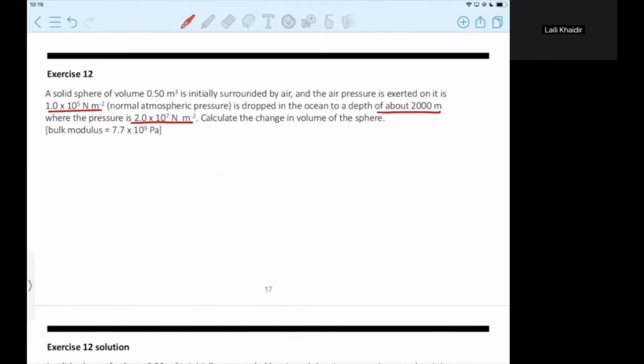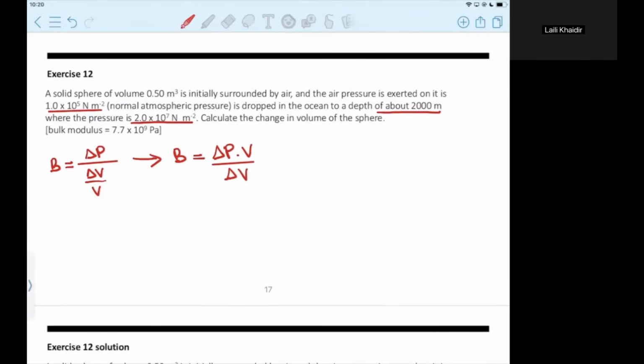Okay, so we know that the bulk modulus equation is the change in pressure over the change in volume over the initial volume. When we rearrange this equation, we will have the bulk modulus equivalent to the change in pressure times initial volume over the change in volume.